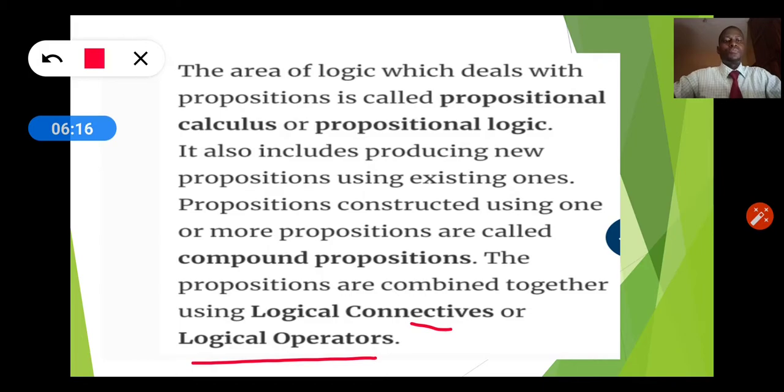When two simple sentences are linked with and, it becomes a compound sentence. The same applies here. We make use of a symbol when two statements or propositions are connected, and it becomes a compound proposition.